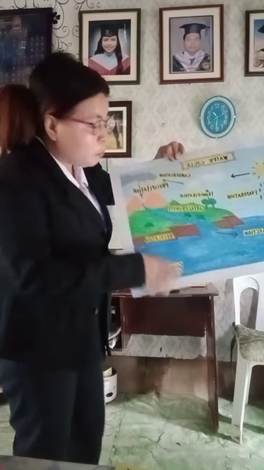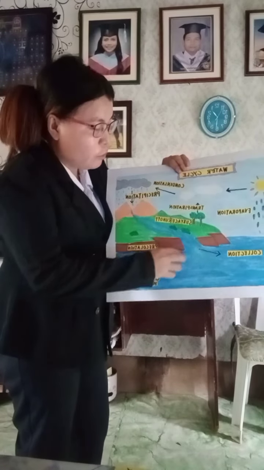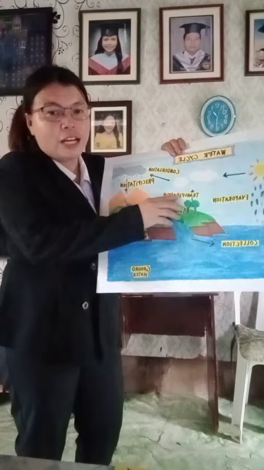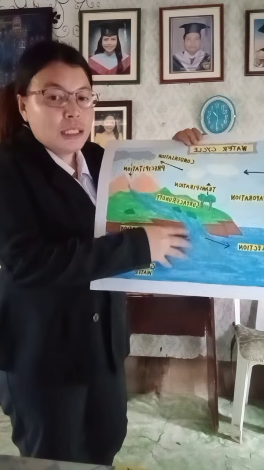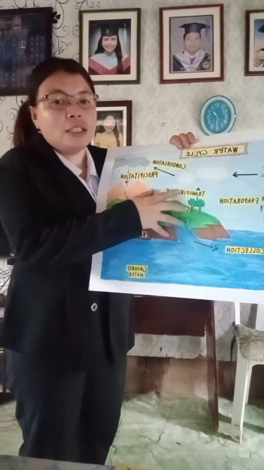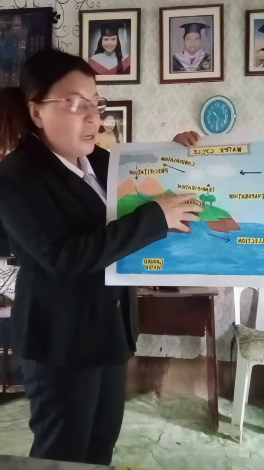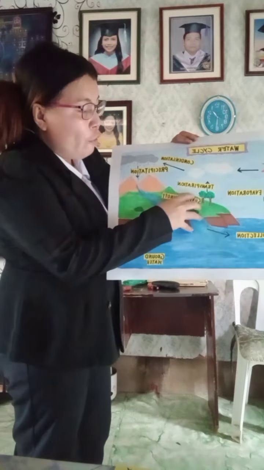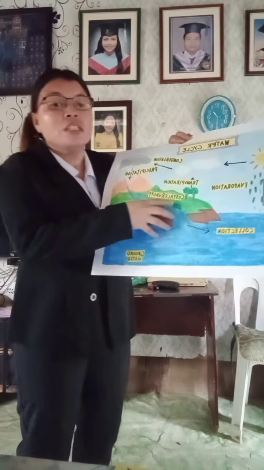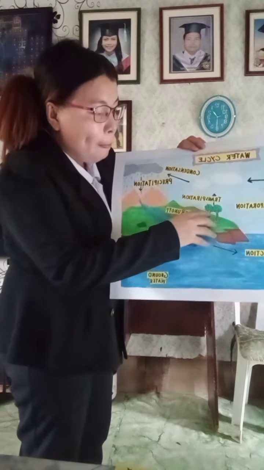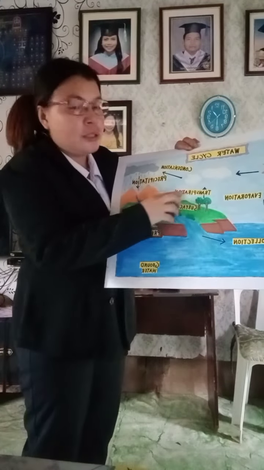So the next process is transpiration. This is the final process of the water cycle, and it is very important. As plants absorb water from the soil, the water moves from the roots through the stem to the leaves.